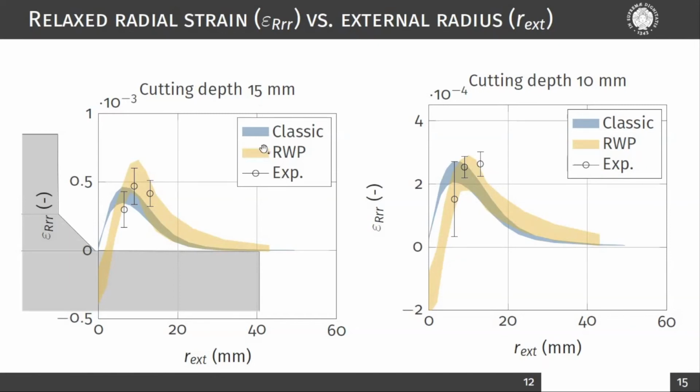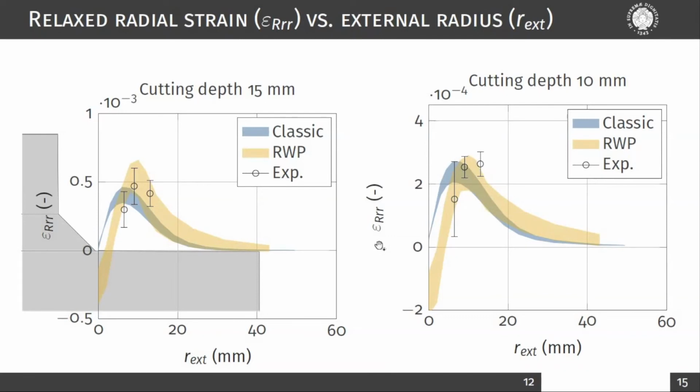Specifically, in orange, the RVP, so the representative welding process, and in blue the classic method. Besides, experimental results are shown for 3 different radial distances of the strain gauges, 6.5, 9 and 13 mm.